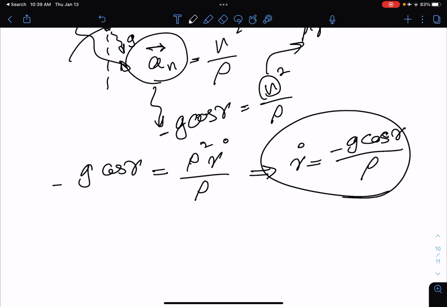So the changes in flight path angle with respect to time is a function of your gravity, your original gamma flight path angle, as well as the curvature at that original point. If you have that type of change in flight path angle, you will experience weightlessness. Gamma dot squared.